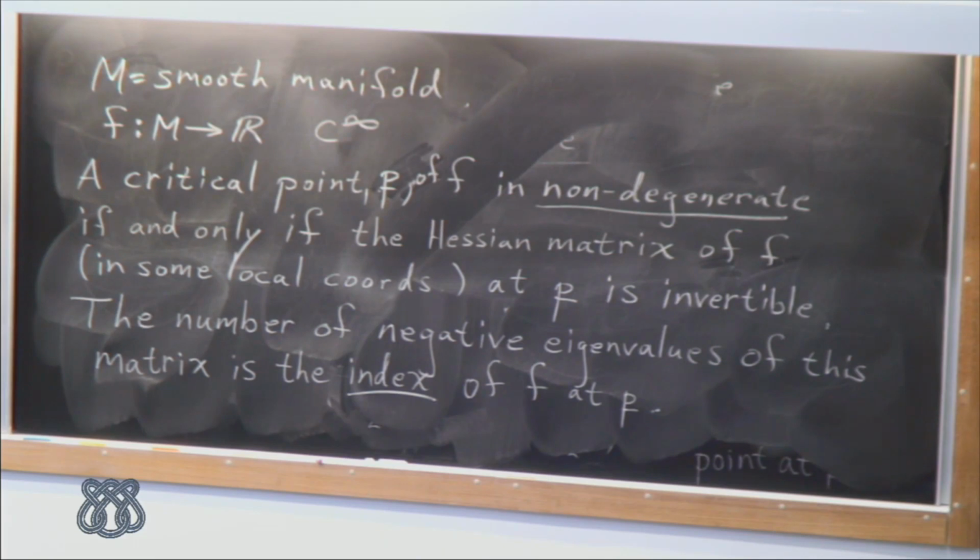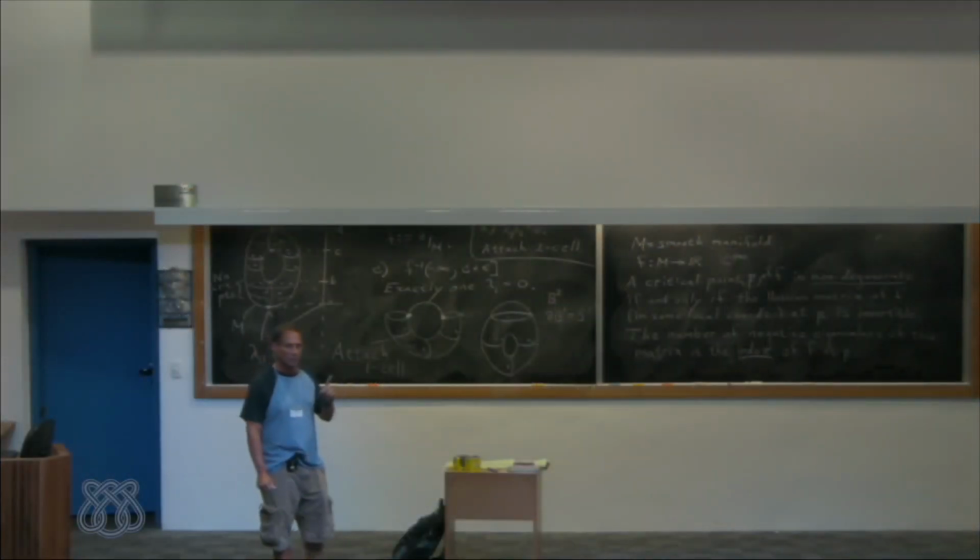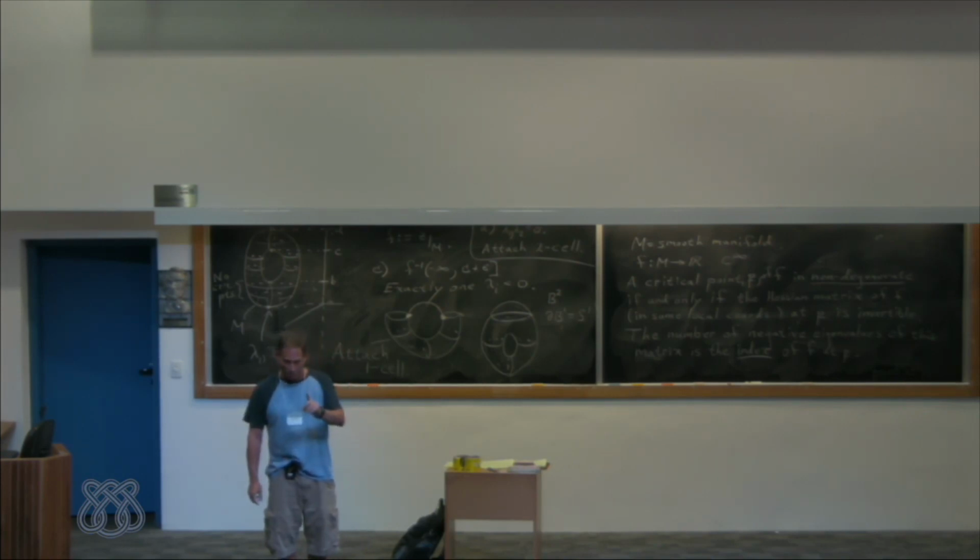I swear it's not hard, but it's a very good exercise to prove that being non-degenerate is independent of the choice of coordinates. You must assume you're at a critical point, however.